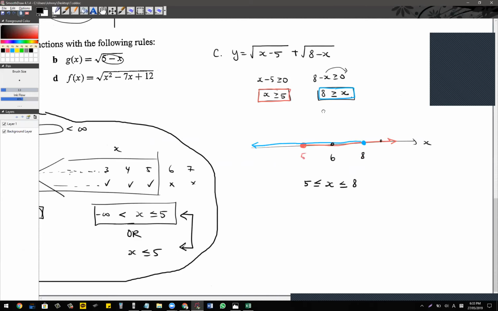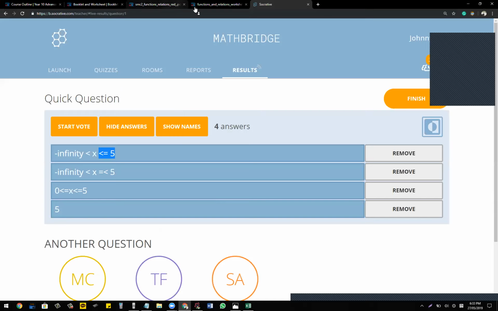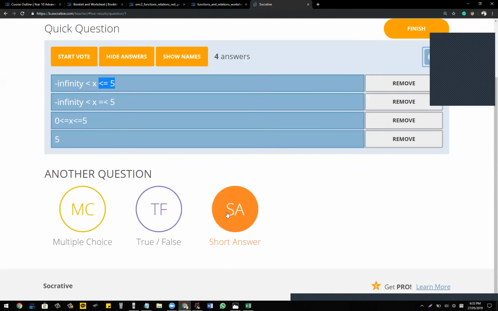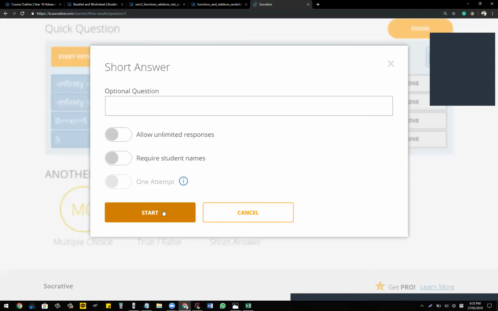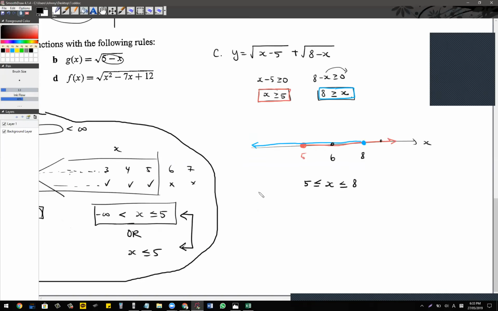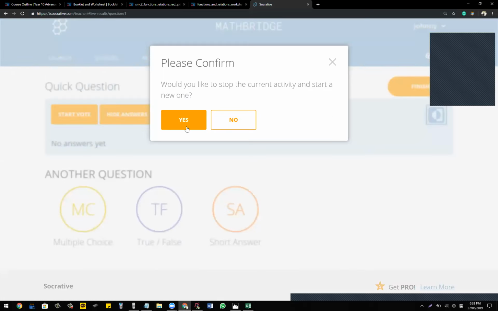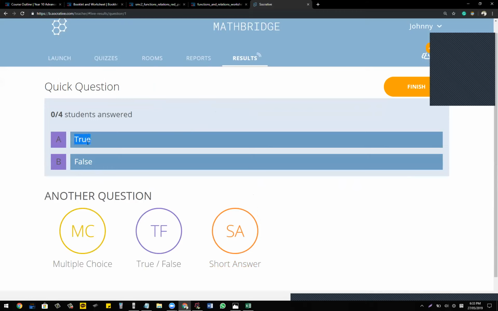I want you guys to indicate on Socrative here: if you're wondering why square root of a negative number is not allowed, then go for true.